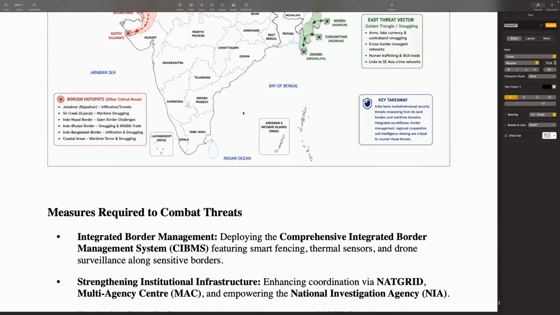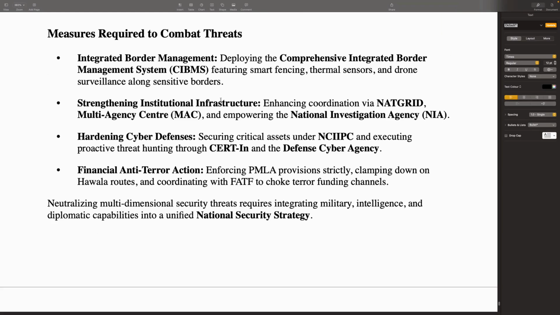Measures required to combat threats: integrated border management, deploying the comprehensive integrated border management system, featuring smart fencing, thermal sensors, and drone surveillance along sensitive borders. Strengthening institutional infrastructure, enhancing coordination via NATGRID, multi-agency centre, and empowering the National Investigation Agency.